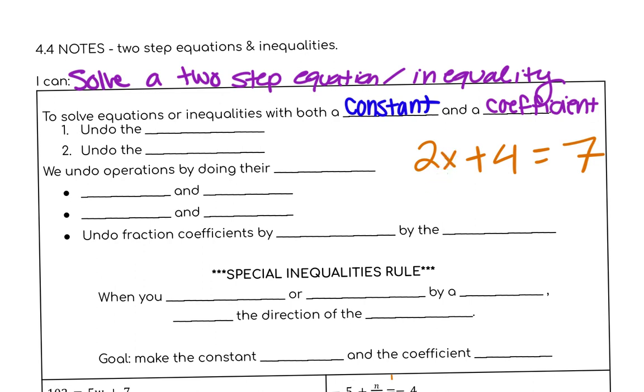And so I need to get rid of things starting from kind of like the outside in. So I start with whatever is the least attached, and I go to what is the most attached. So we're going to start by undoing the constant. And I always suggest to students that you should circle the constant every time, and then we undo the coefficient.